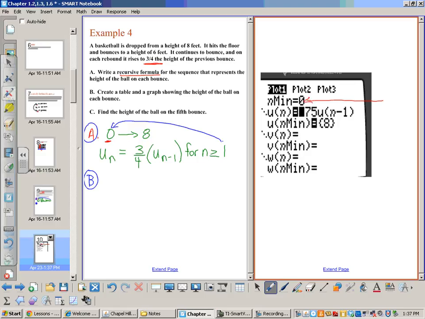This right here is going to correspond to the first step, which started at 0. This is going to be our formula. And this here is going to be our starting value or starting height, which started at 8 feet above the ground. Everything else we're going to leave alone for now.